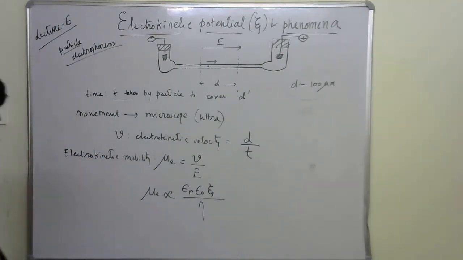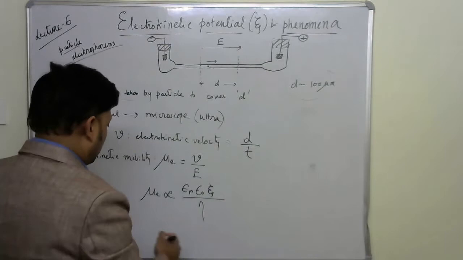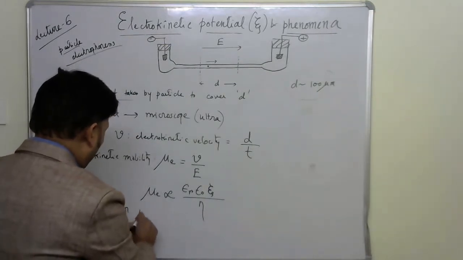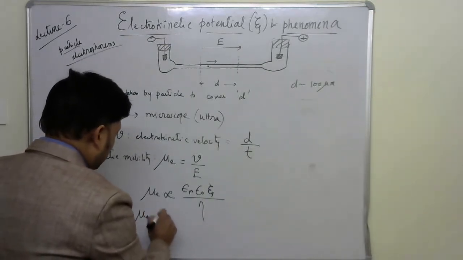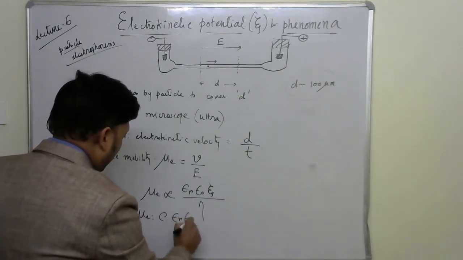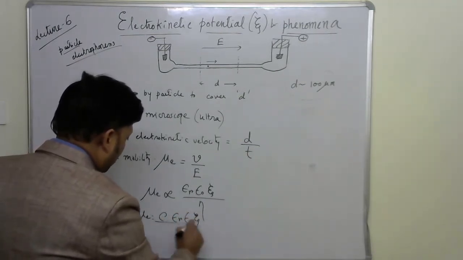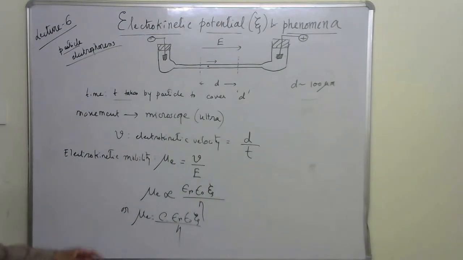Since we have a proportionality relationship, we can write mu e is equal to some constant C multiplied by epsilon r, epsilon naught, zeta divided by eta.